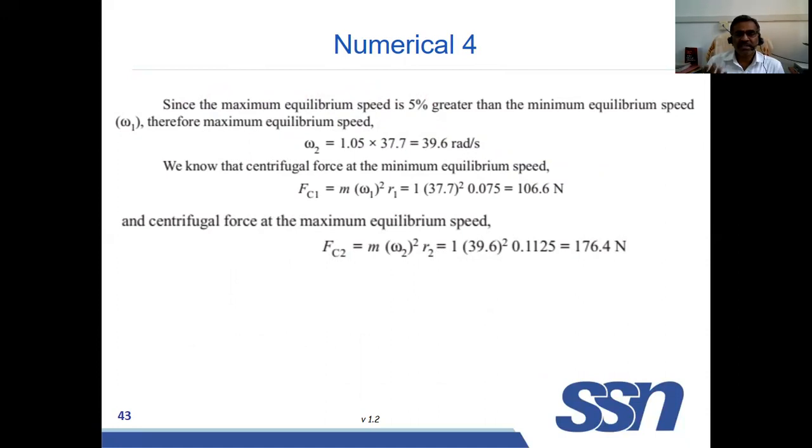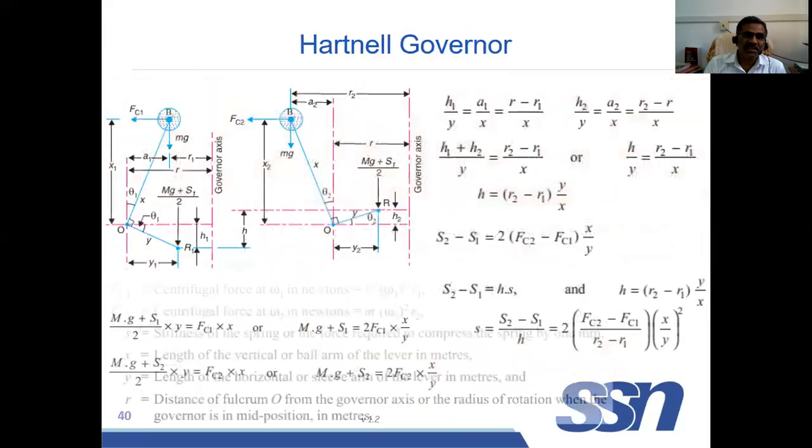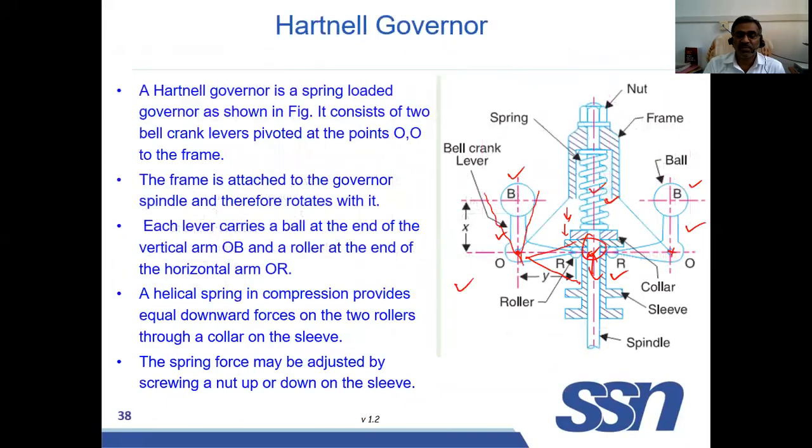If less sensitive, even if you change the speed, the sleeve will not lift properly. So we want a stable governor. A definite configuration must be there, and also sensitivity should be medium. For that only, we are going for different governors. Generally, the watt governor will be more sensitive. So we want to reduce the sensitivity and we want a stable governor. That's what we are going for, different types of governors.